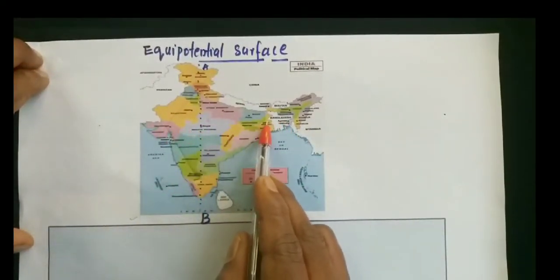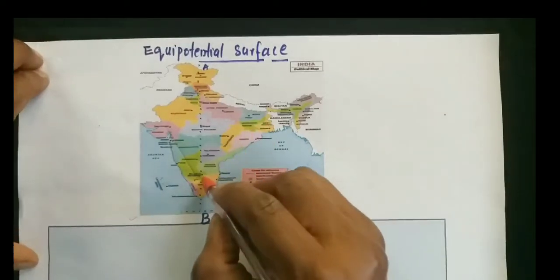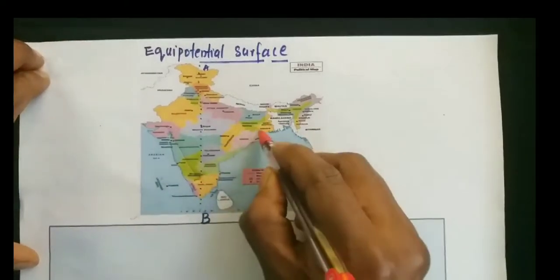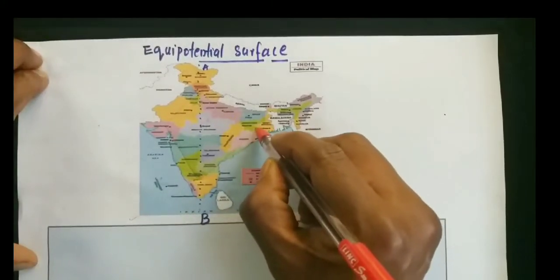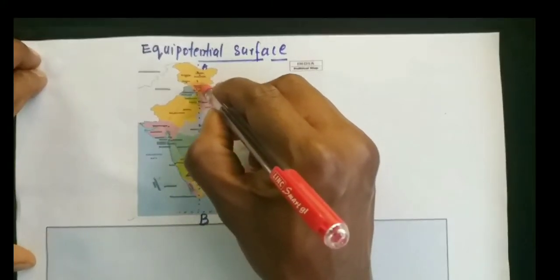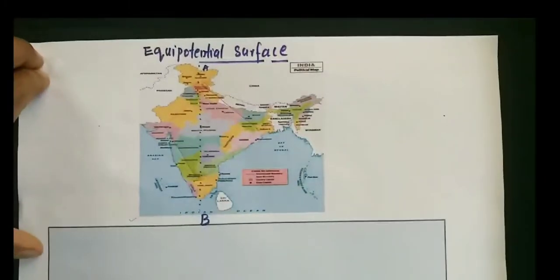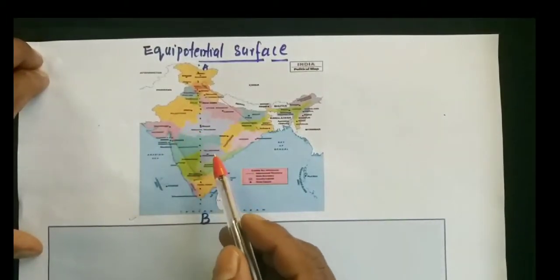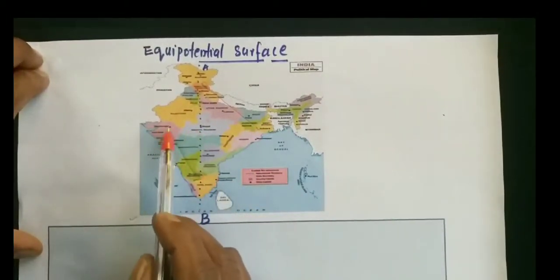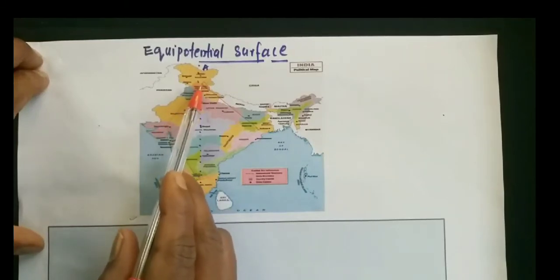Similarly, if people want to travel from West Bengal to Kerala, I am drawing a perpendicular distance like this, and similarly to Jammu and Kashmir the distance will be like this, and you can see the approximate perpendicular distance will be the same. Okay, I am taking only an approximate distance.